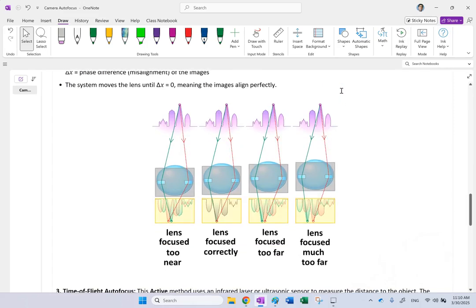So if you look here, this is a scene right on the top, and this is your camera. And then there are different focal lengths. You see these distances are a little bit different from each other, right? So your lens is moving in this direction.